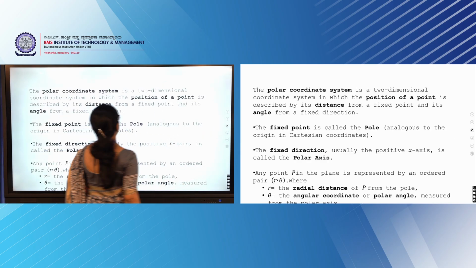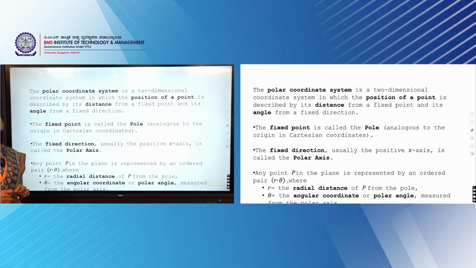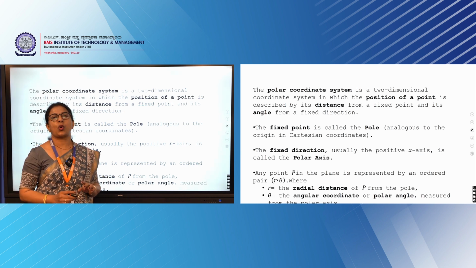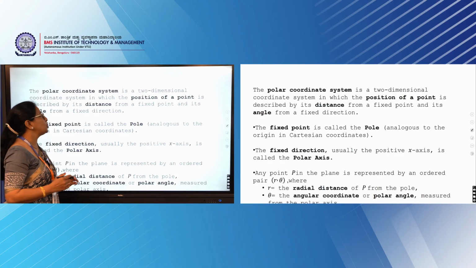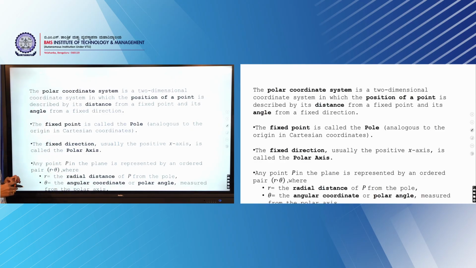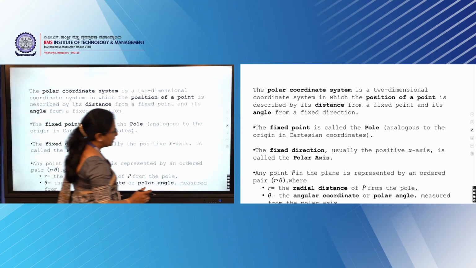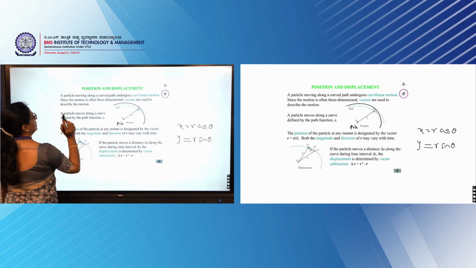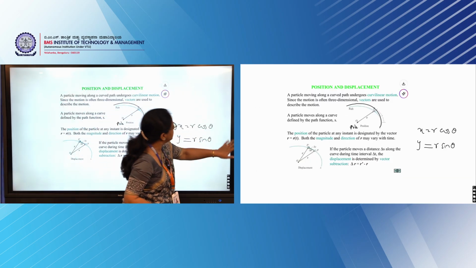The polar coordinate system is two-dimensional. What do you mean by two-dimensional? There are two coordinates. What are the two coordinates here? It is a two-dimensional coordinate system in which the position of a point is described by its distance from a fixed point and its angle from a fixed direction. So here we have the polar coordinate system.